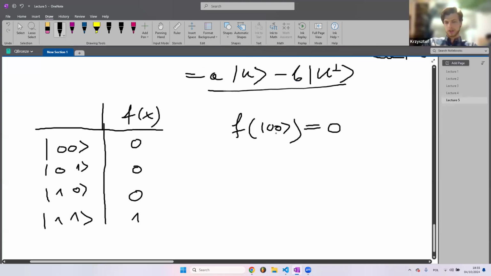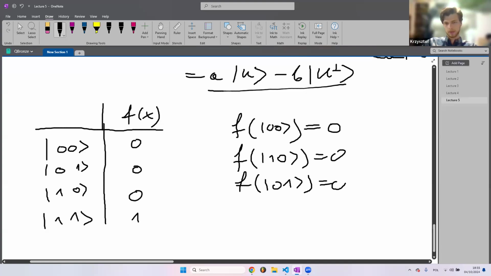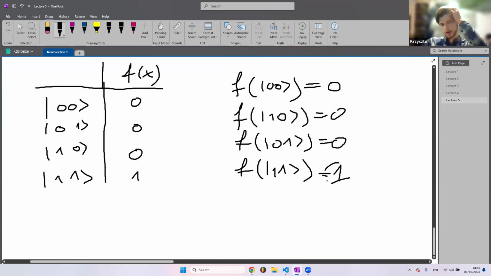In classical terms, in the worst case scenario, you'll have to apply the function 4 times, like I'm applying here, in order to find a correct value. So it took me 4 queries to execute the function, and now I can see that this outputted 1.